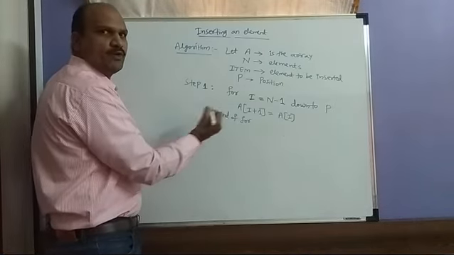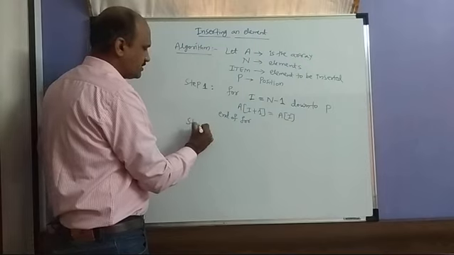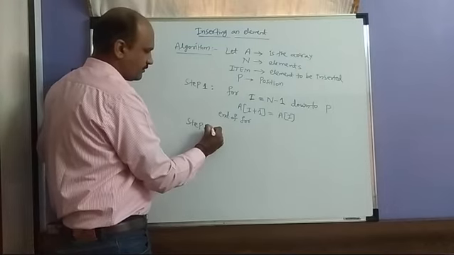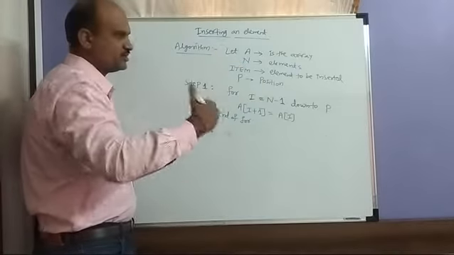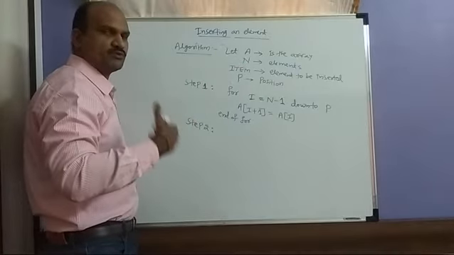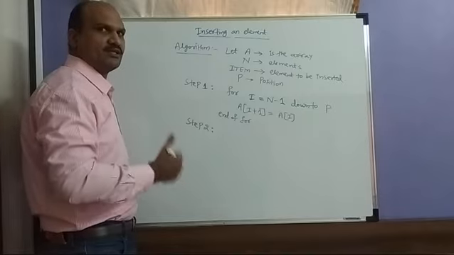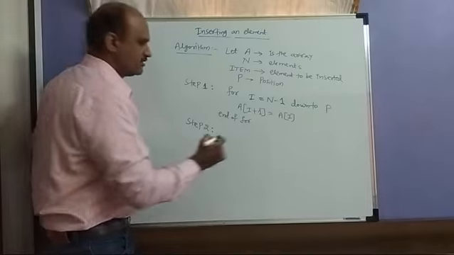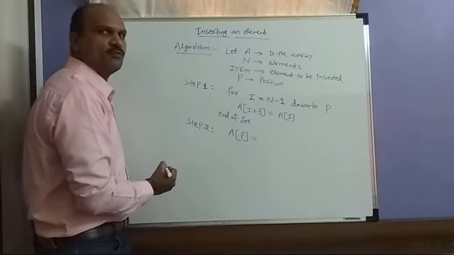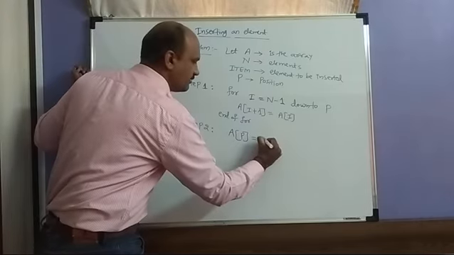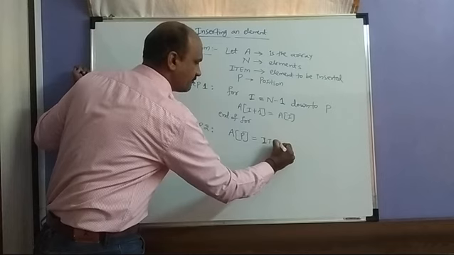Okay. Then when you go to step 2, very simple. So here what we did, from n minus 1 to the particular position, we are going from higher order down to the position. So what I will give, from the position A of P, that is A of P means position, inserting the element, that is item.